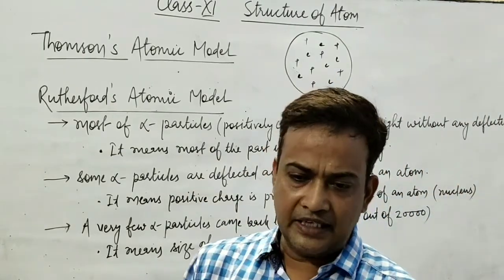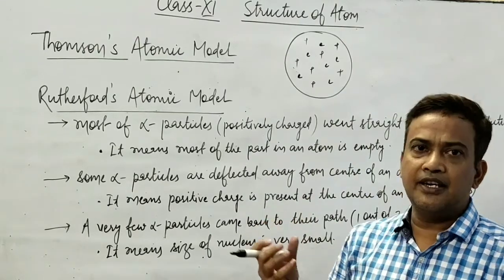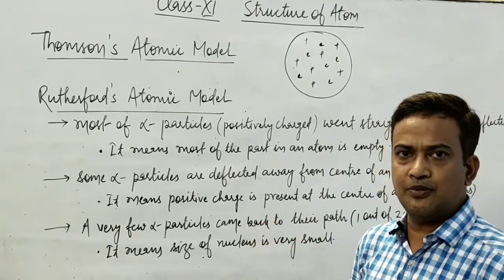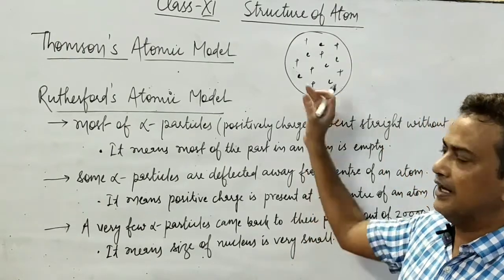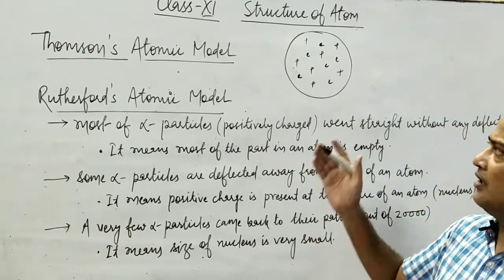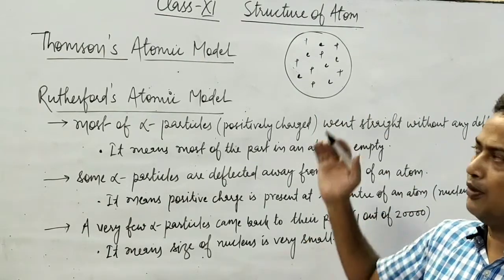So the Thomson model says the atom is a sphere-like geometry formed from positively charged particles and electrons are randomly embedded in it. This model was also known as the watermelon model or plum pudding model.